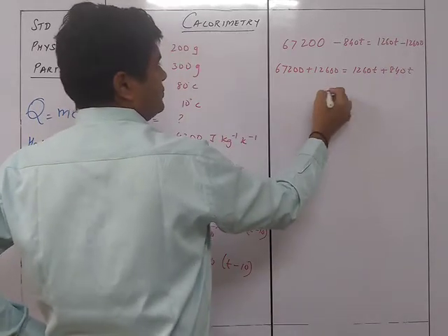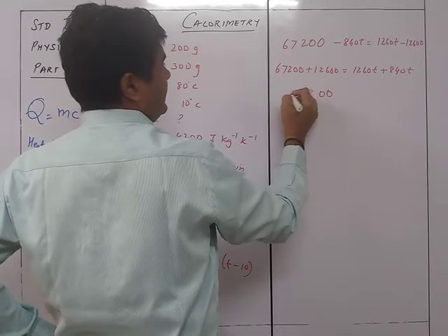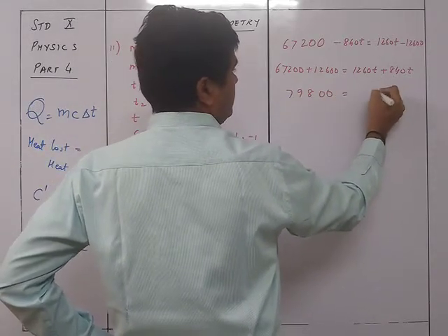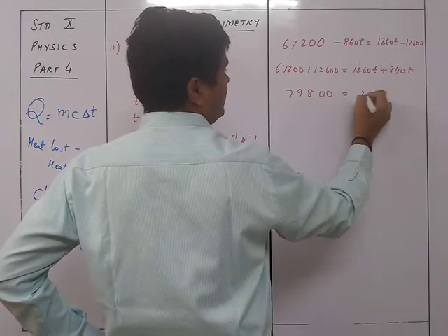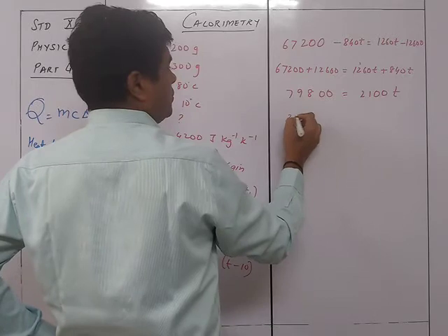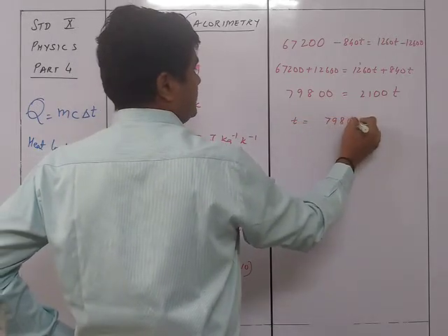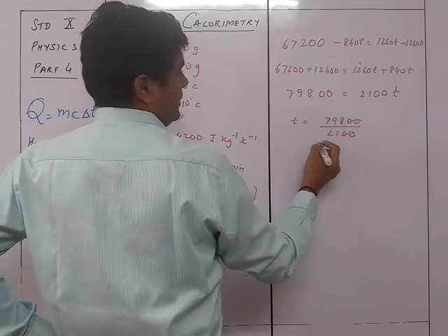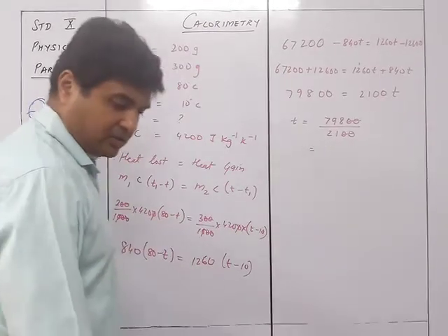So this makes 79800 is equal to 2100T. So that gives you T is equal to 79800 upon 2100. So that will be divided over here, giving you the value as 38 degrees Celsius.